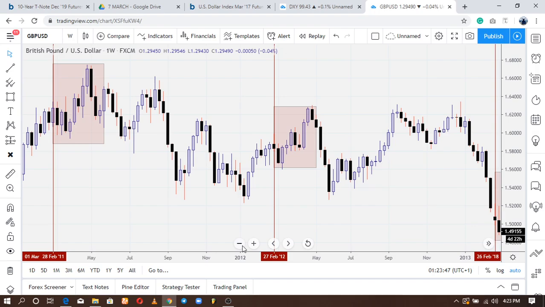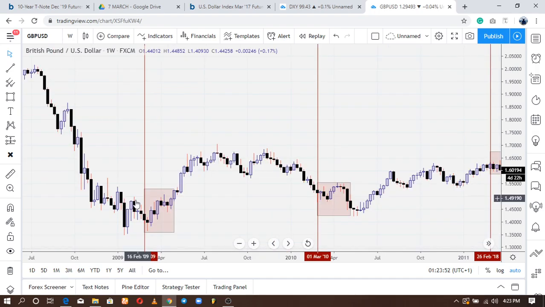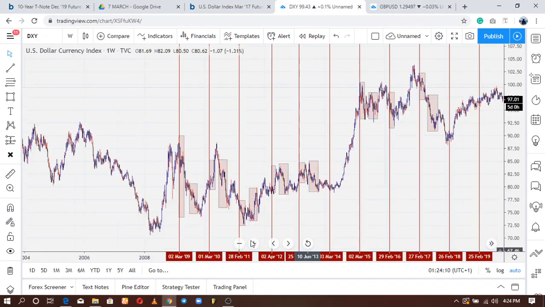All right, so now we can see around March '09 that price was bullish. This is why I said you need to have a market structure first before you begin. Oh, this is actually pound USD. Sorry, I meant to do DXY. Let's do DXY.